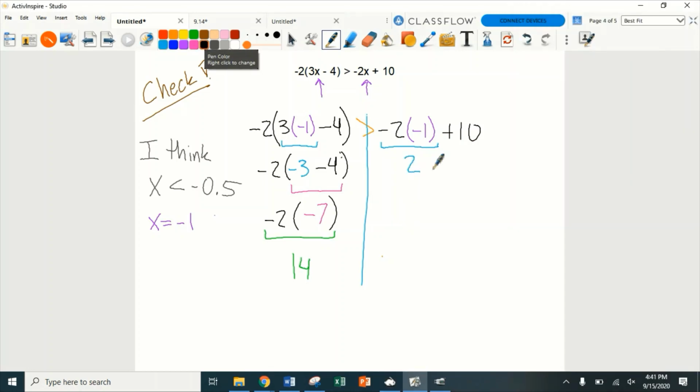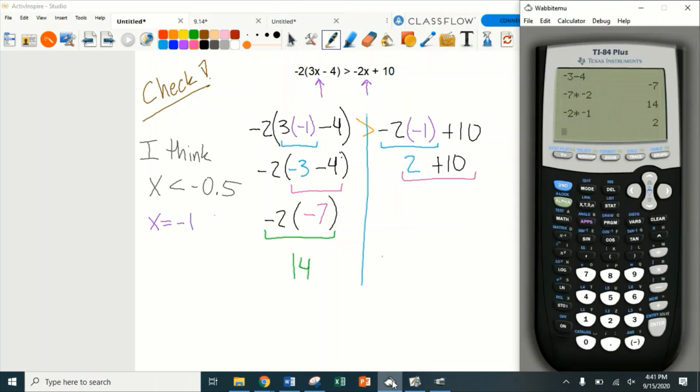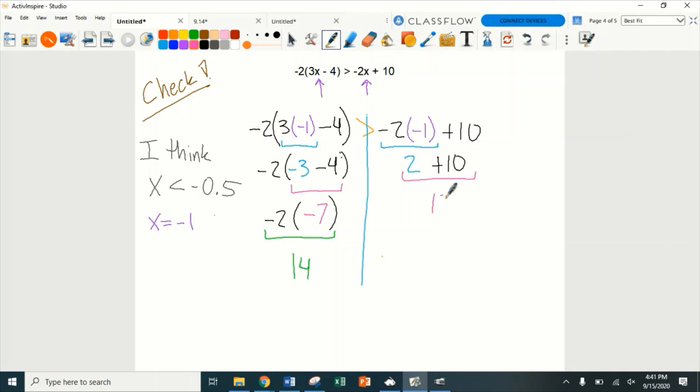And then I'm going to add 10. 2 plus 10. That gives me positive 12. I have finished simplifying the right-hand side. I'm just going to bring down this 12 so that everything's on the same line.